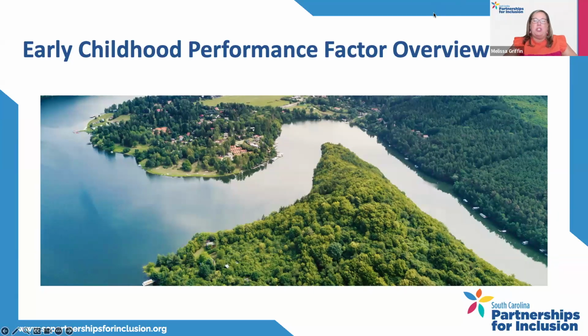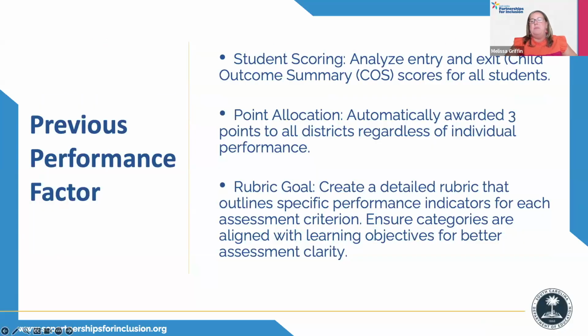So we just want to make sure before we get started that everybody's on the same page with the least restrictive environment and early childhood outcomes, and why the updates have been made. Previously, it was kind of like a give me, right?